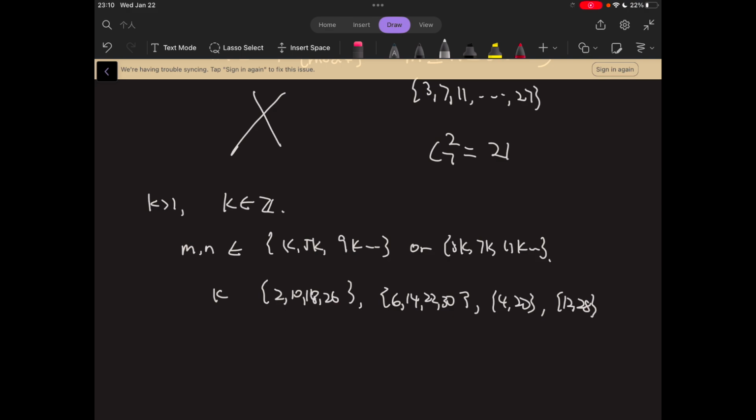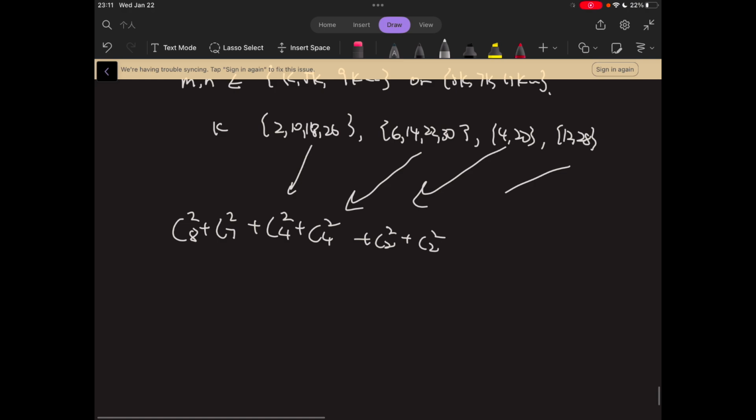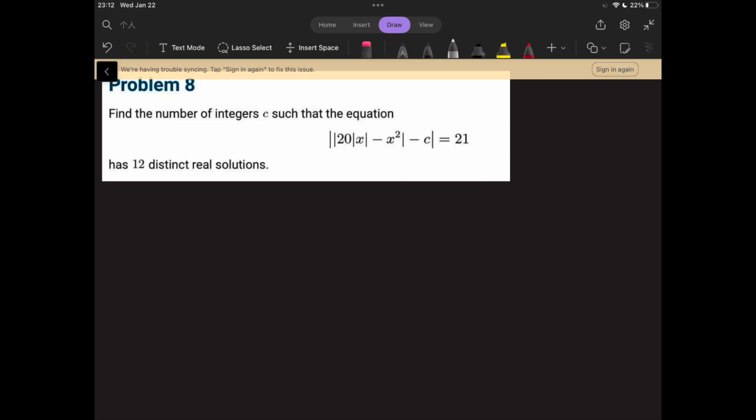So then each of m and n, you can pick them from there. So the answer is, you add all the previous ones together, and you add C42, C42, C22, and another C22. You get the answer is 63.